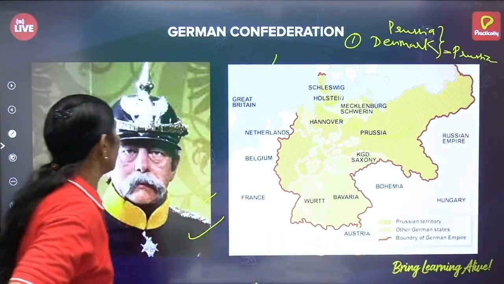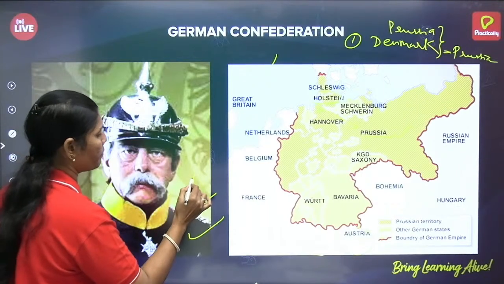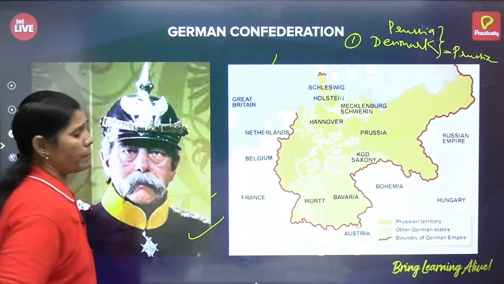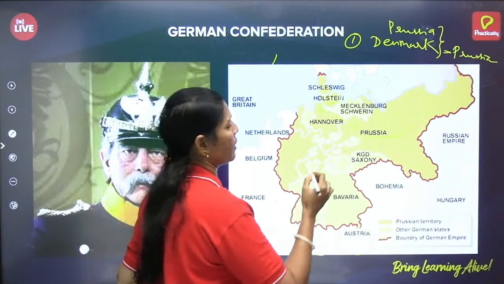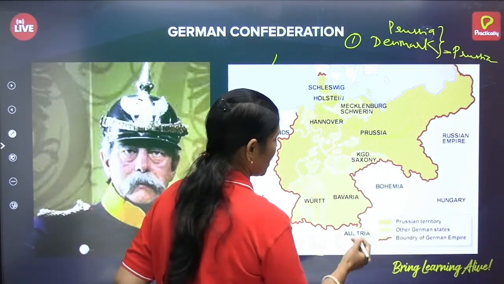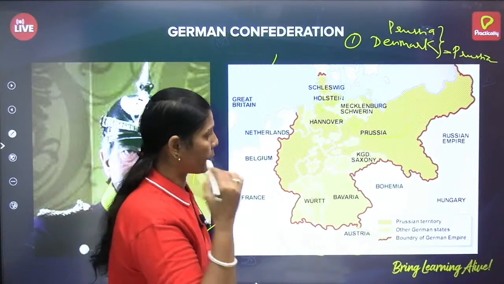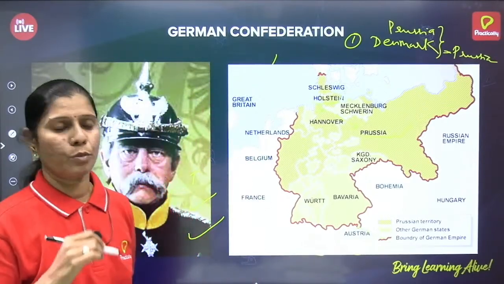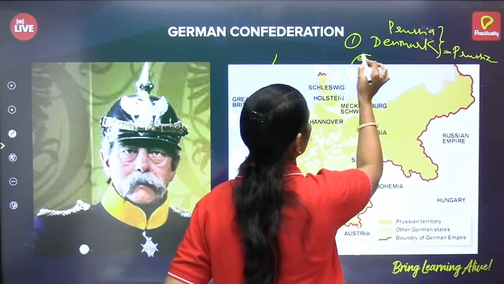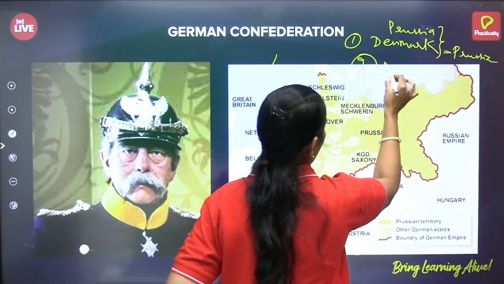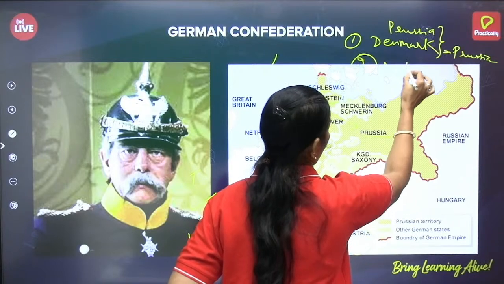That was a tactic played by Bismarck. When Austria got angry with Prussia in this Diet, it declared war on Prussia. That is war two, the Austria-Prussia war, or Austro-Prussian war.